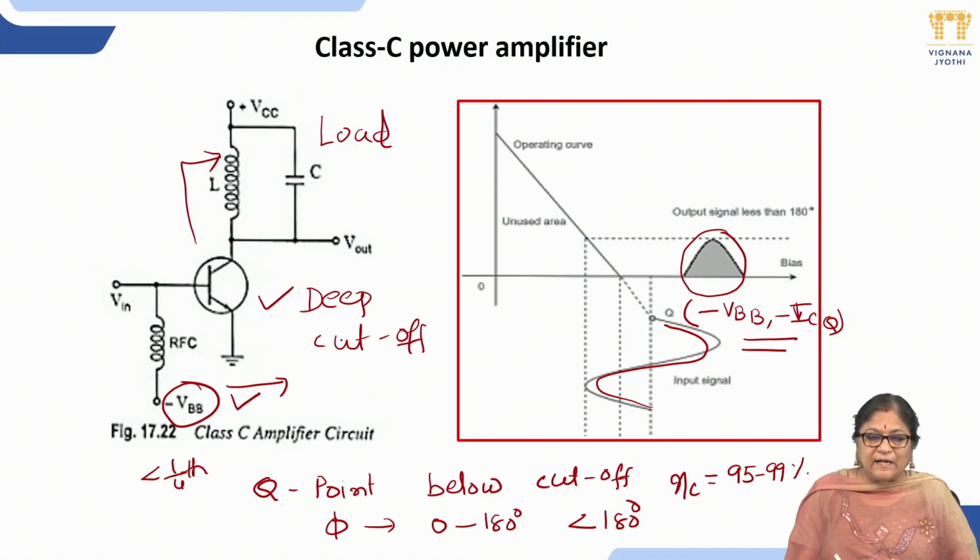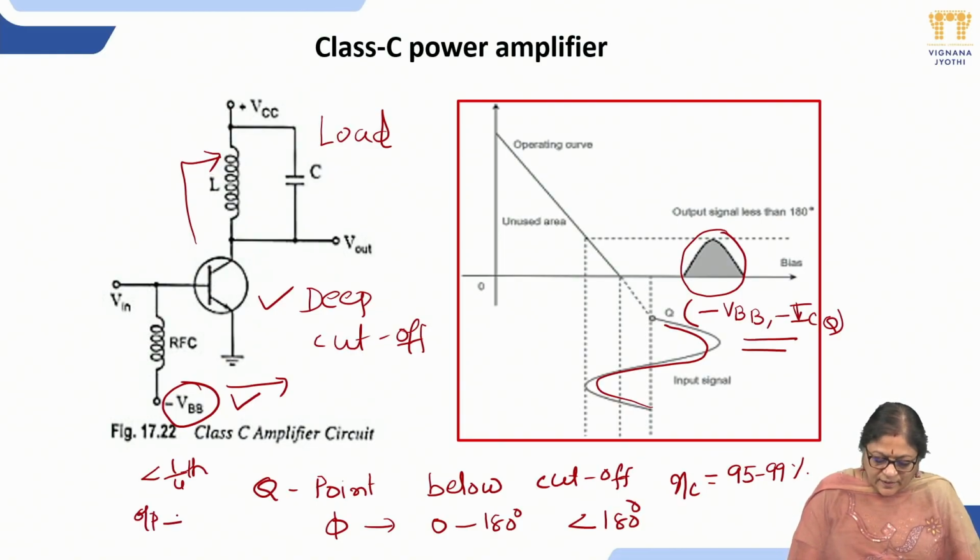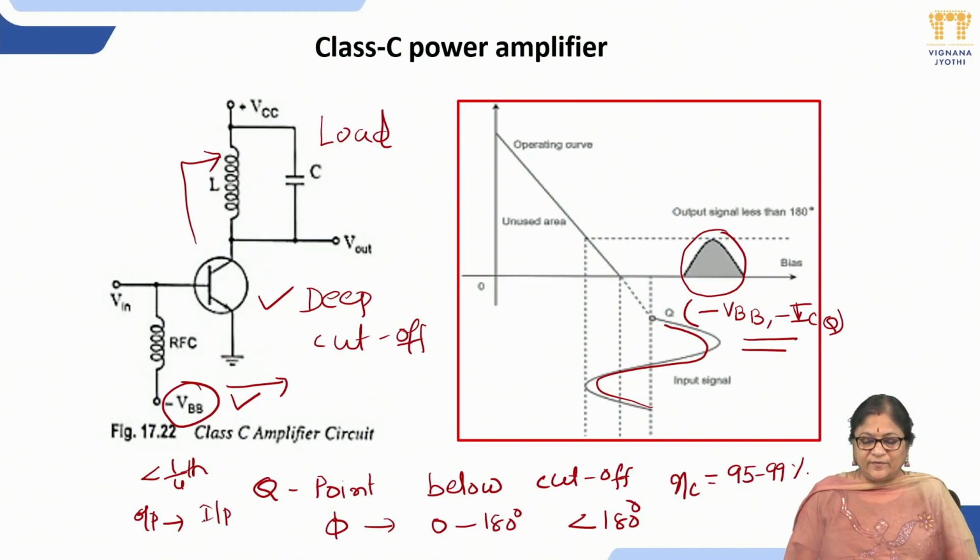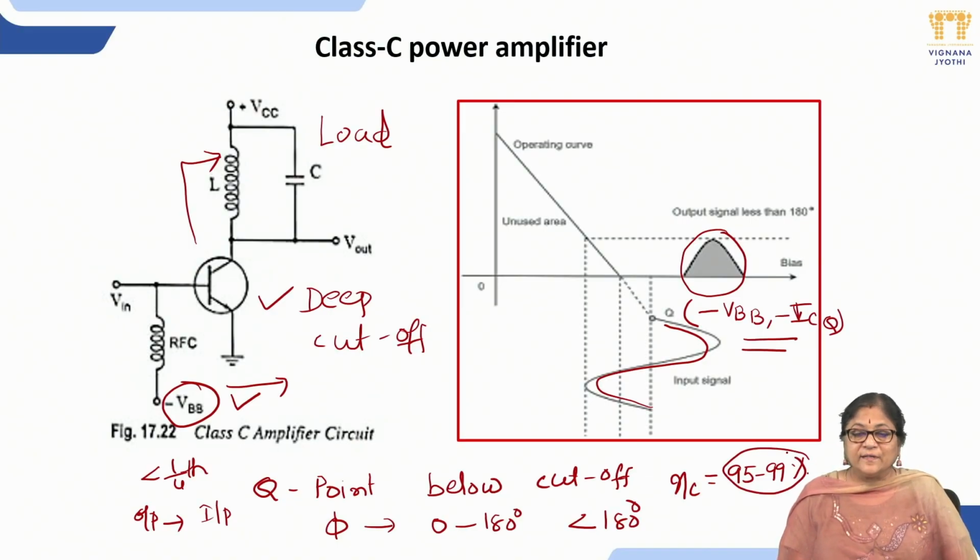So this is known as class C, with the operating point below cutoff, and efficiencies are increased. The only disadvantage is that the output does not resemble the input at all, at any point of time, because only one small portion of the time is used. So class C power amplifiers are used wherever we require larger efficiencies and more power, but the input need not resemble the output.